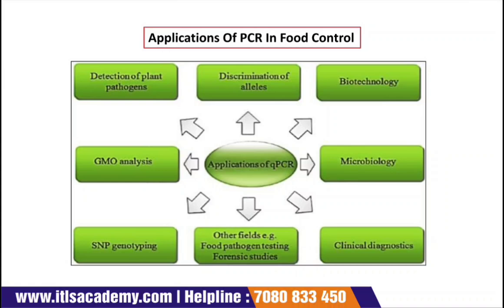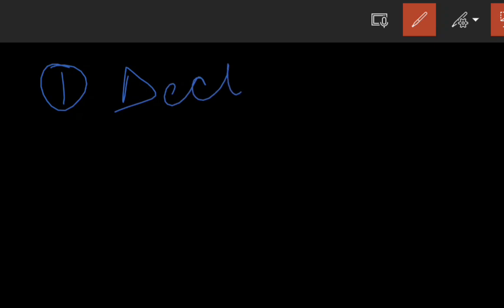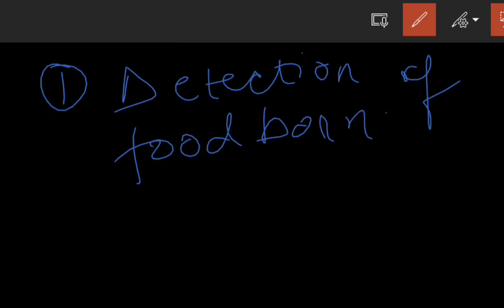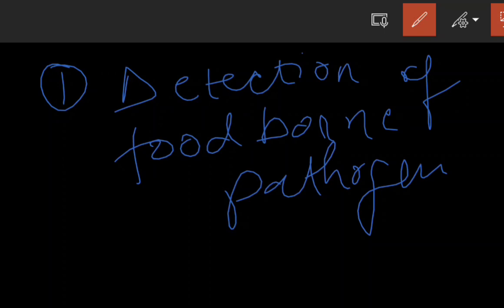And let us take an example again to understand this. It has a huge application in detection of different kinds of foodborne pathogens. So the first one is detection of foodborne pathogens.